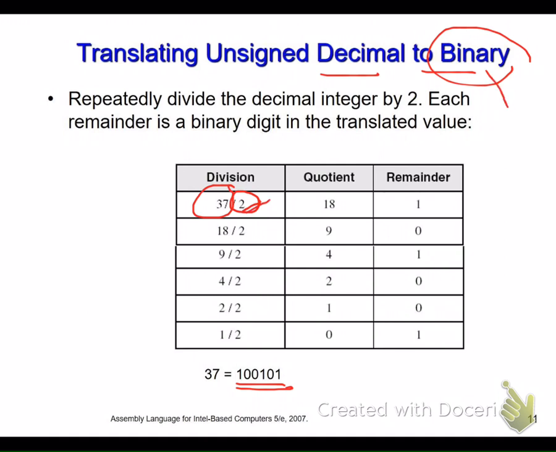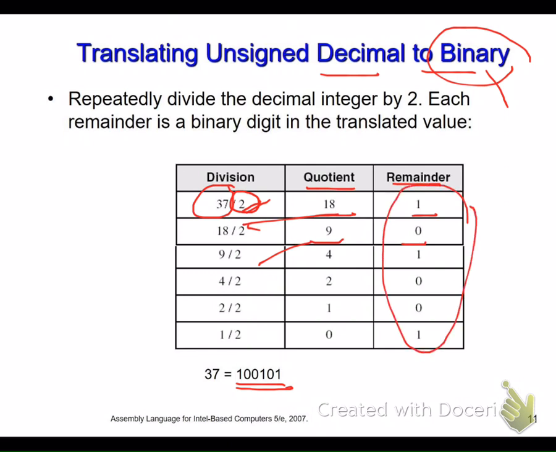If this is hex, you have to divide by 16. If this is oct, you have to divide by 8, and so on. Then you will get the quotient and the remainder. 37 divided by 2 is 18, the remainder is 1. 18 divided by 2 is 9, the remainder is 0, and so on until you get all of the numbers.